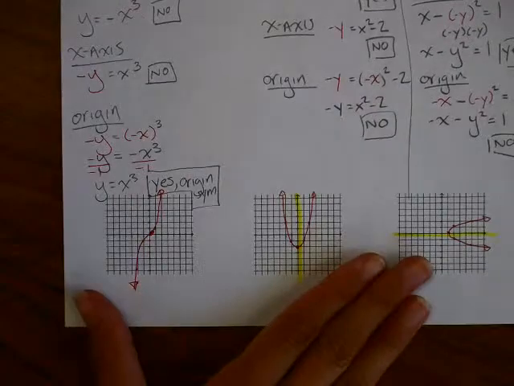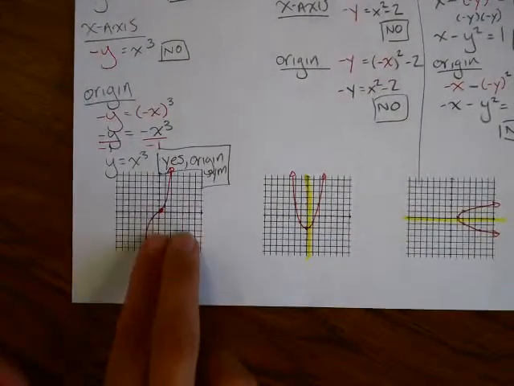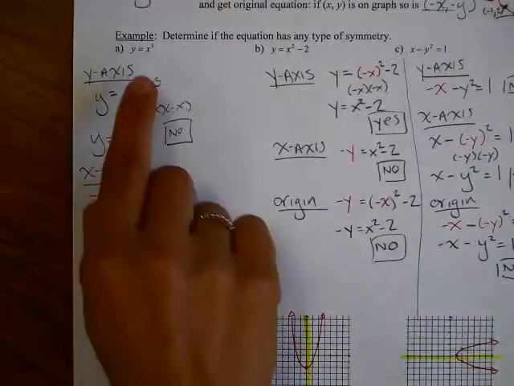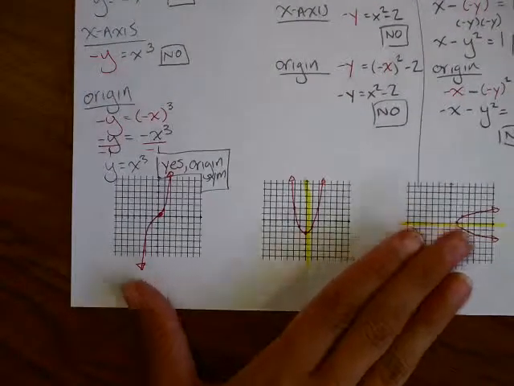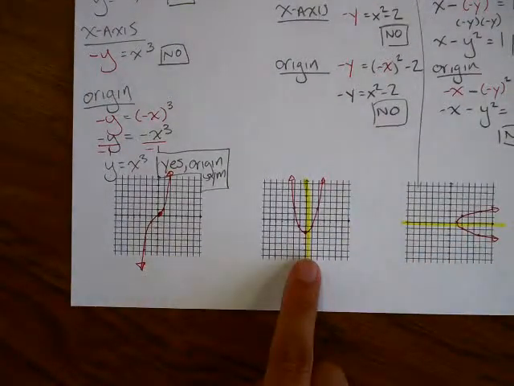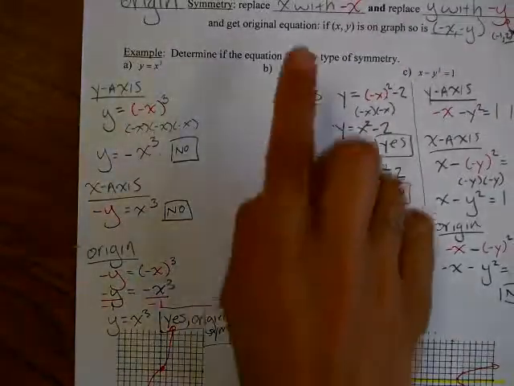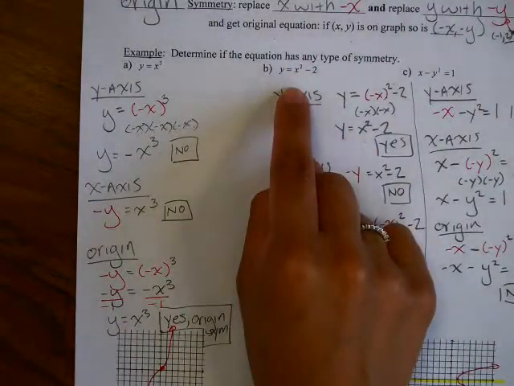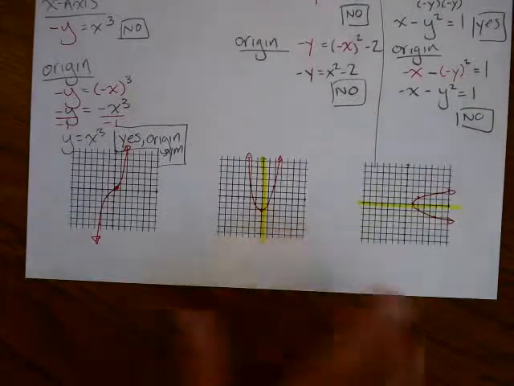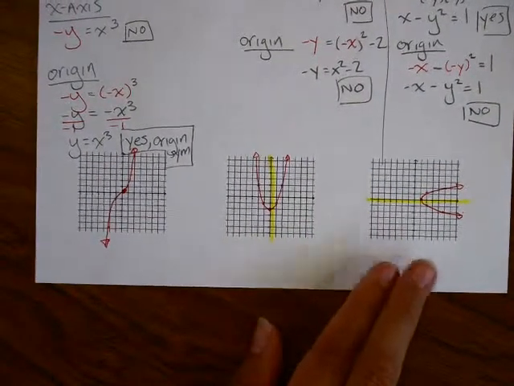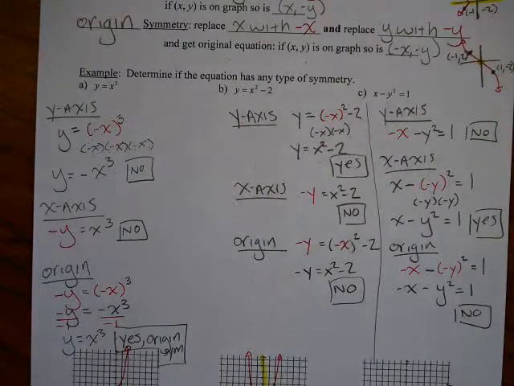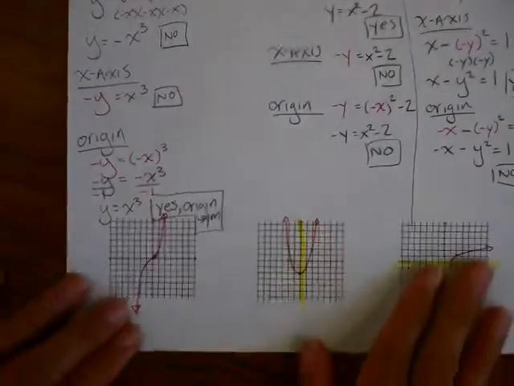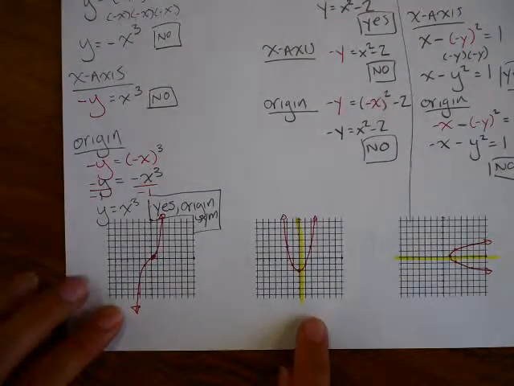Instead, if a graph has origin symmetry, we say that the equation is odd. If a graph has y-axis symmetry, we say that the equation is even. And if a graph happens to have x-axis symmetry, well, that equation gets left out. It does not get a special name. These are the only two that have a special name.